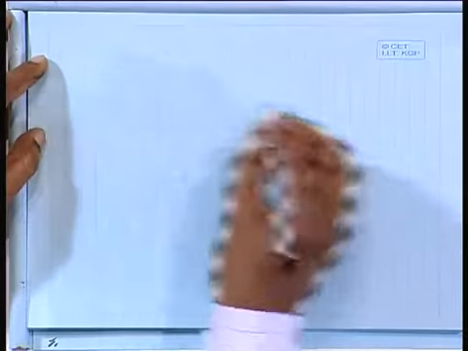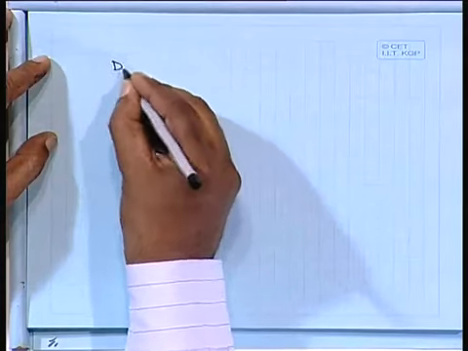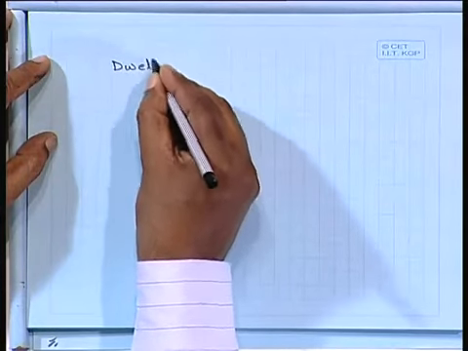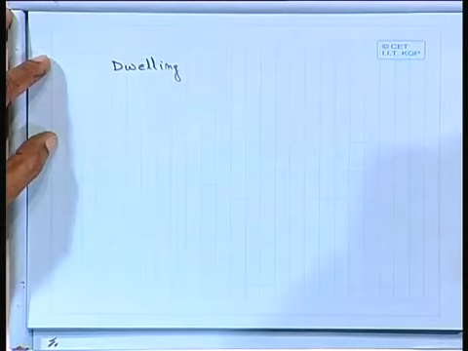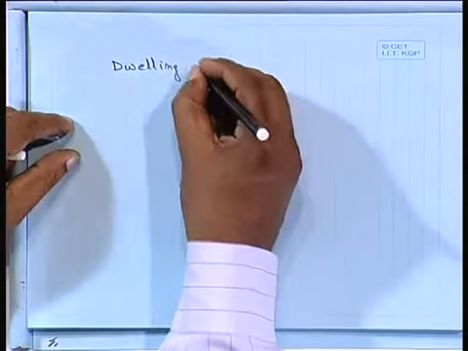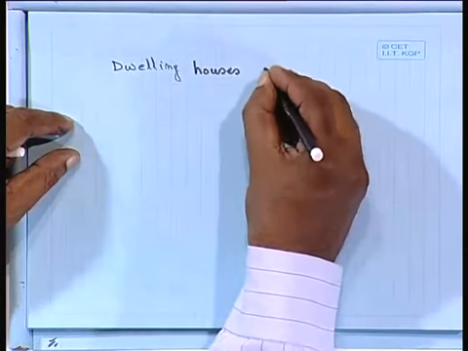So we can say, number one, dwelling houses and factories.